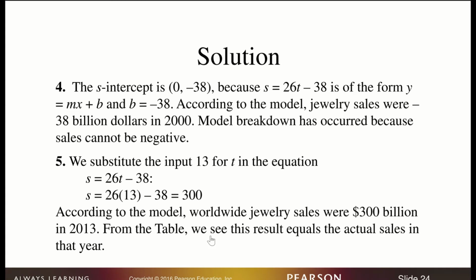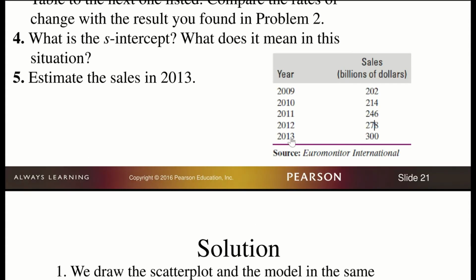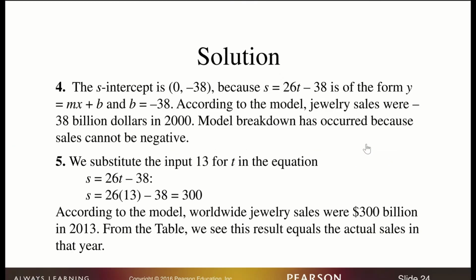And we see this result is pretty much identical. Let's go back to our table. As you can see, the actual sales in 2013 were also 300. So the model did really well for that year, actually. So very close to the model.